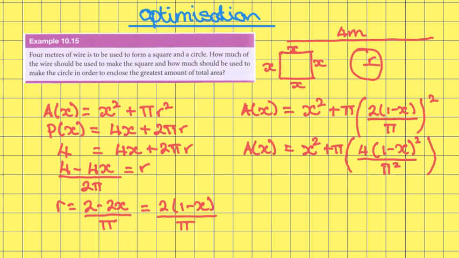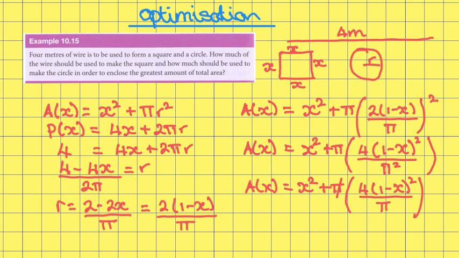I can cancel the pi's, so I get A of x is equal to x squared plus 4 lots of 1 minus x all squared over pi, as one pi is cancelled.